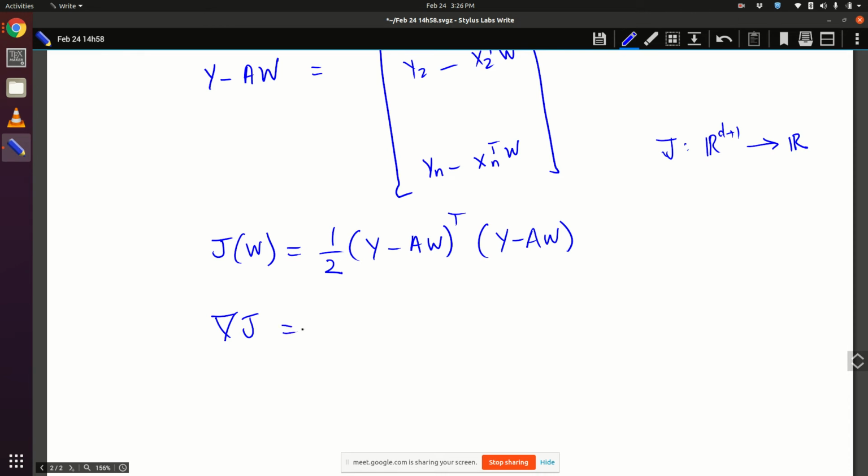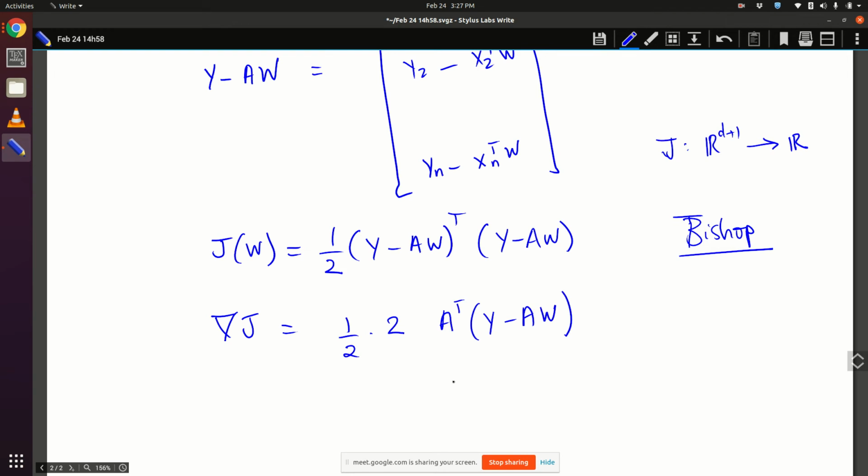But let's write this in the notation of vectors itself, since we understand this is a vector. This derivative is something you have to check; it is in Bishop's book, I think in appendix C or D. When you take the derivative with respect to w, you get 2A transpose times (y minus Aw).